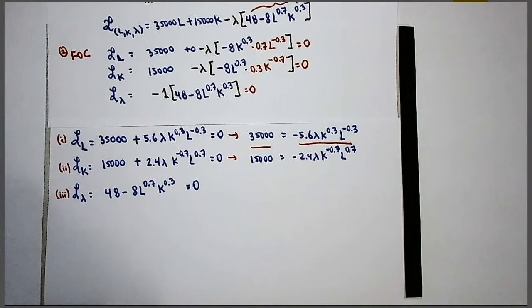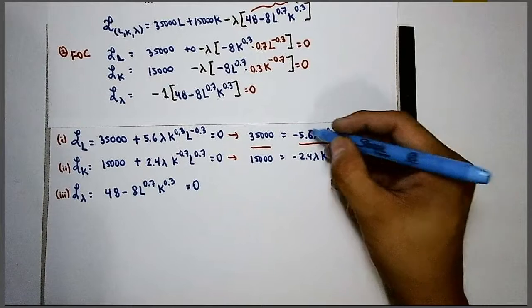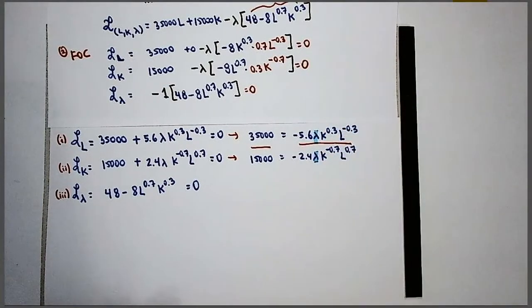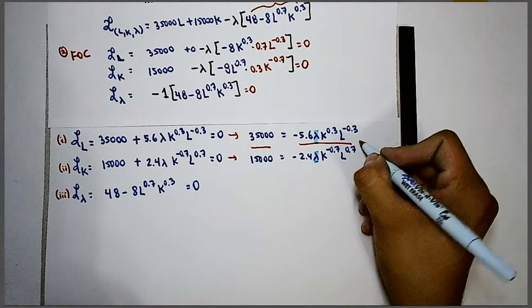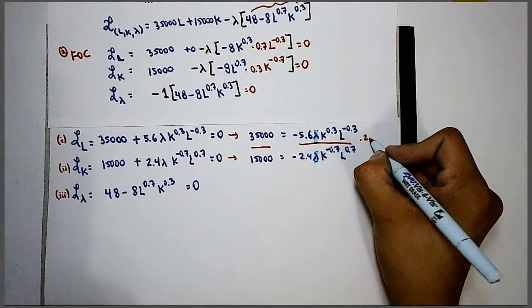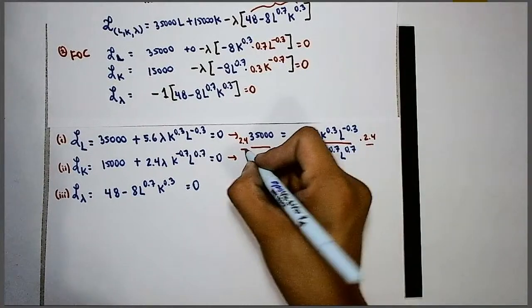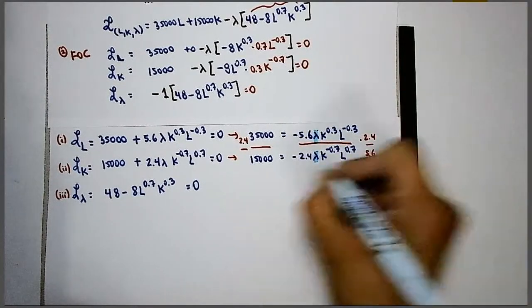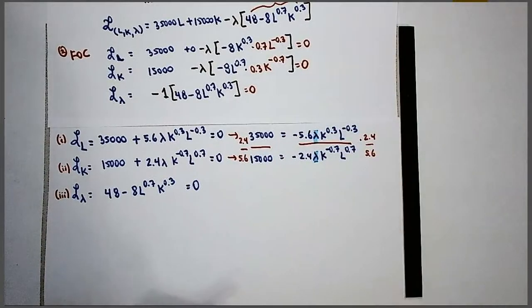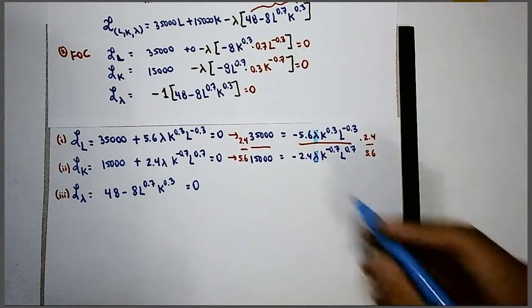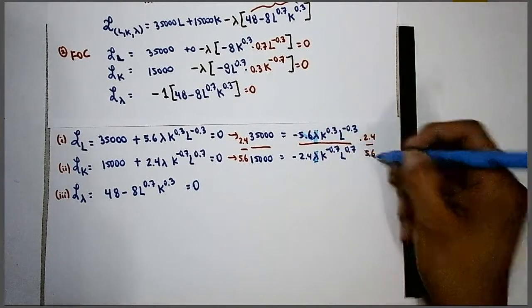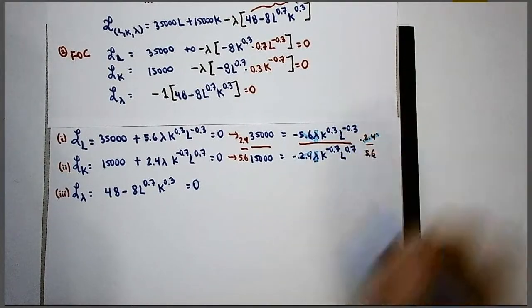Now from here, notice the following. Lambda and lambda disappear. And then let's multiply both sides by 2.4, and let's divide both sides by 5.6. This means that this and this cancel out, and this cancels out.